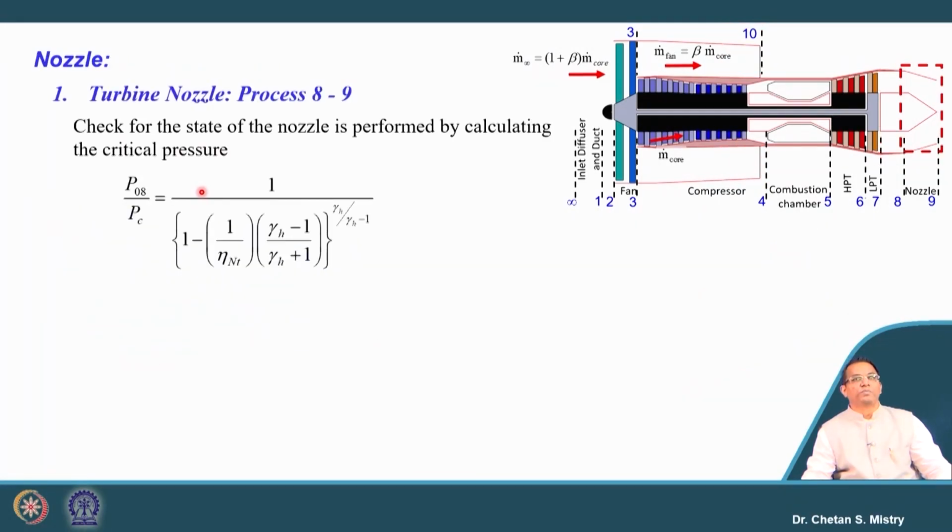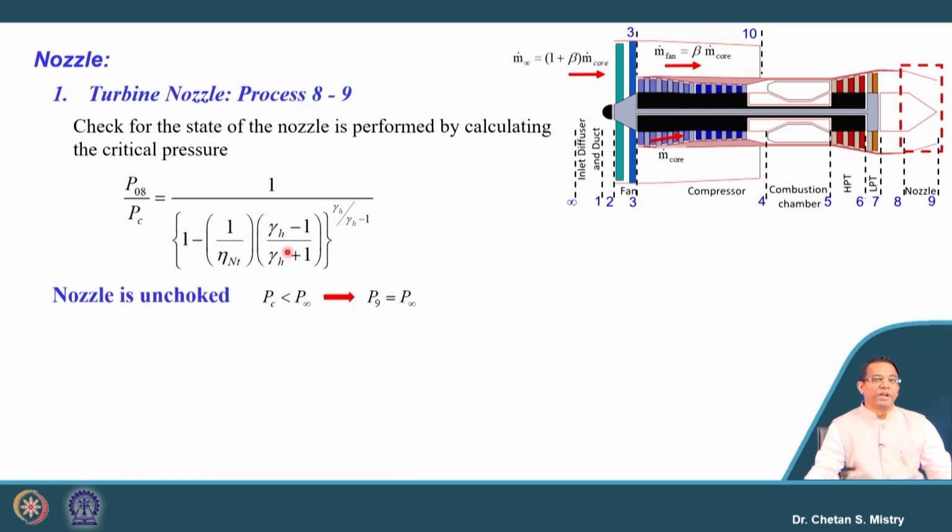Okay. So, let us put for the fan nozzle, say this as our turbine nozzle. This process we are representing in terms of say 0, 8 and 9. So, we can write down the critical pressure ratio as P08 by Pc. Be careful here, this is my nozzle efficiency for the turbine, and the specific heat ratio we are writing as gamma h, and we will be comparing my critical pressure with the atmospheric pressure.